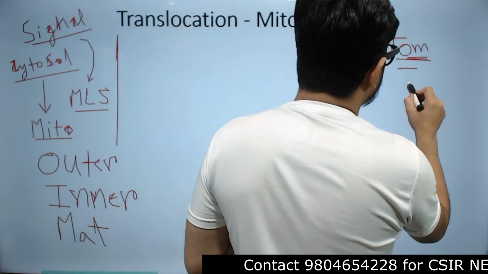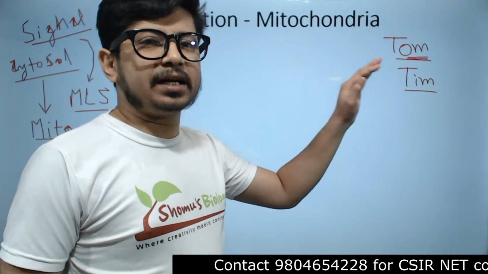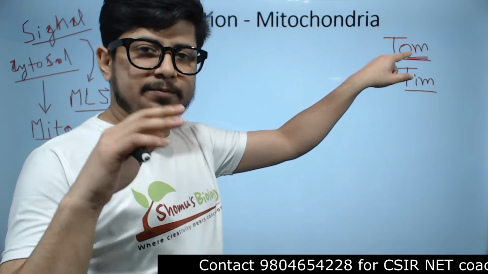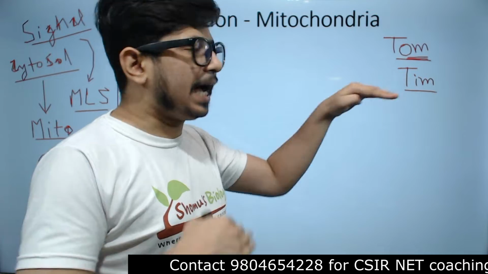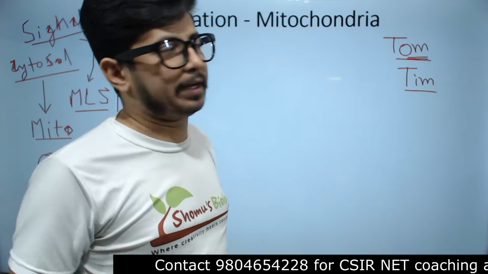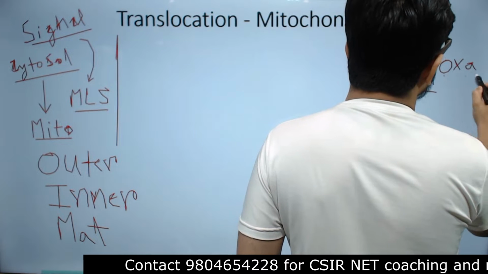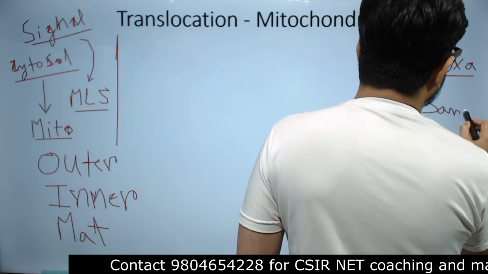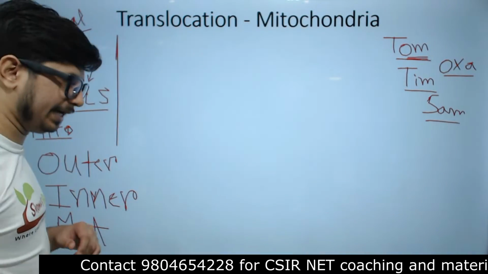And there is TIM, the translocase of the inner membrane. TOM is produced and packaged in the outer membrane of mitochondria. TIM is produced and packaged in the inner membrane of mitochondria. There are also other complexes like OXA and SAM. They have their own roles. We are going to discuss that later.